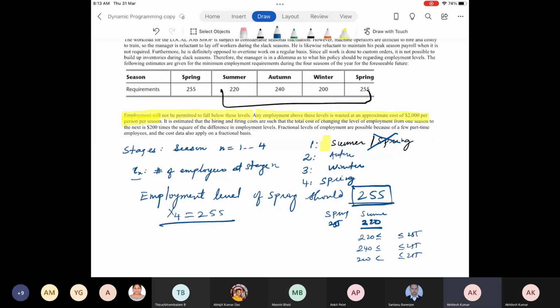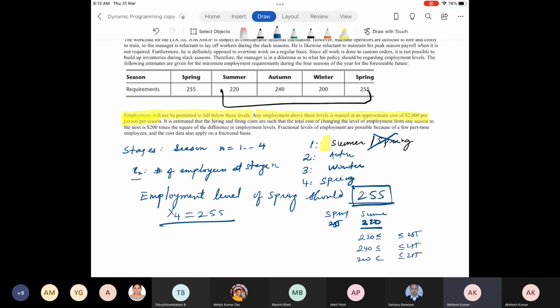So now the problem will reduce to finding the employment level in summer, autumn, and winter. More importantly, if I keep spring the last stage, it will be helpful in backward recursion. Does that make sense to you? If I keep spring as my last season, I already know the employment level.